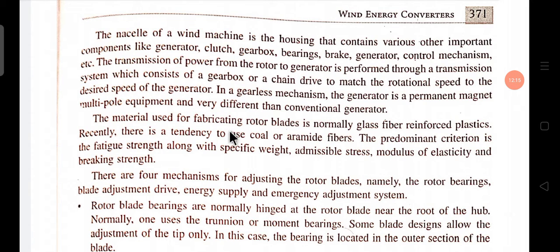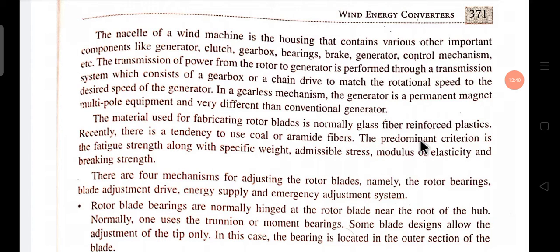Now the material used for fabrication of the rotor blade is normally glass fiber reinforced plastic. Remember this. Recently there is a tendency to use carbon and aramid fiber.